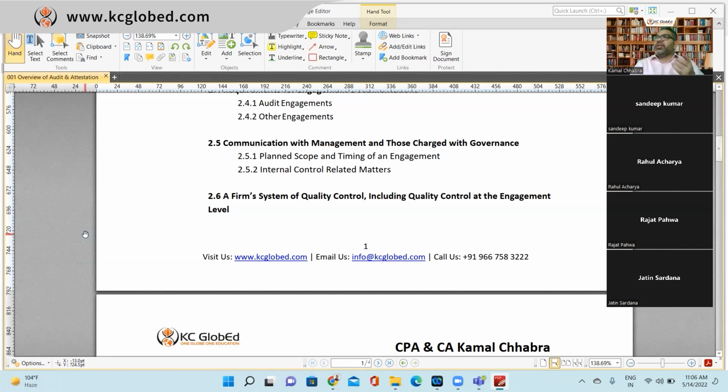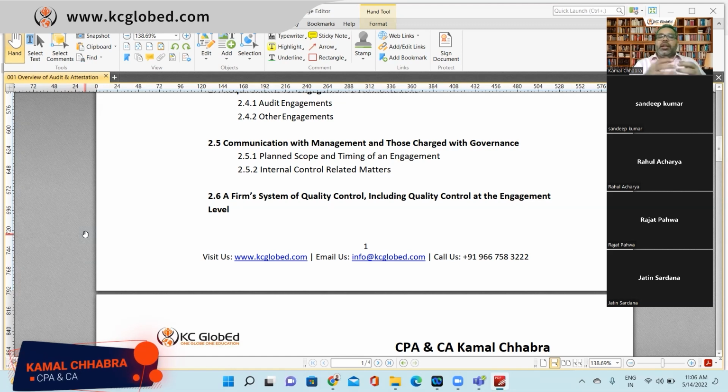During your review procedures, interim audit or final audit procedures, if you find any control deficiency, that also needs to be communicated in a timely manner to management and those charged with governance so that they can take appropriate action. And after that, the final audit report is also mandatory to be communicated to those charged with governance, right? So all these things will be covered in 2.5.